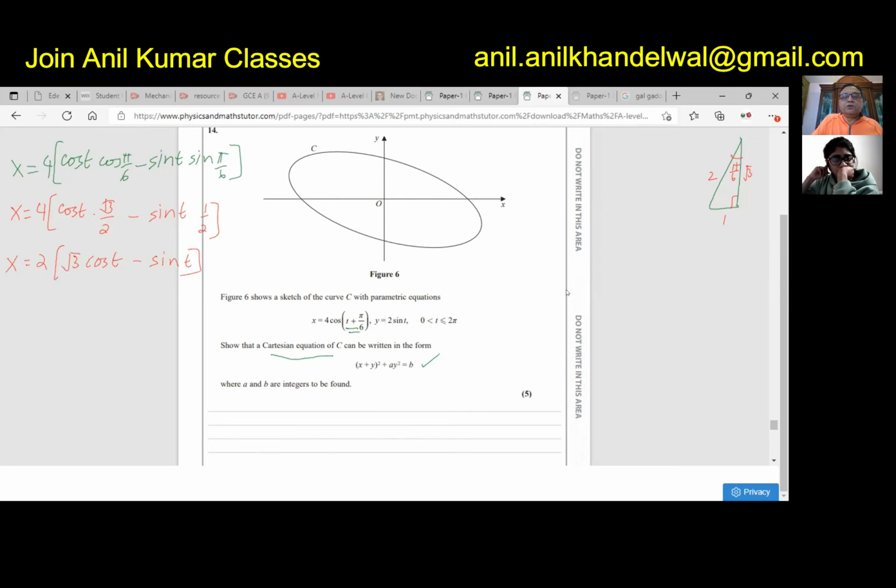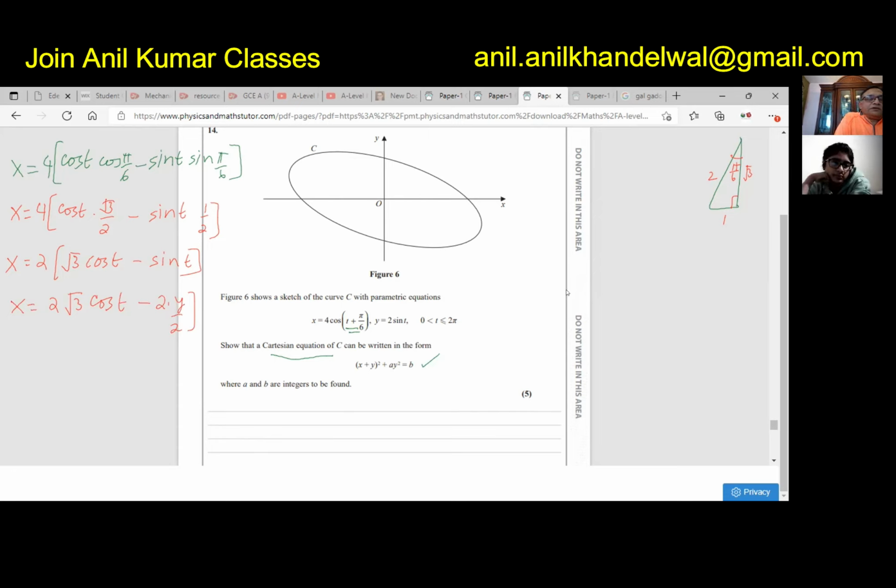So from here, you can write sine t as y over 2. We need to get y as the subject, because y squared is needed. So we open the bracket: 2 times sine t is y.